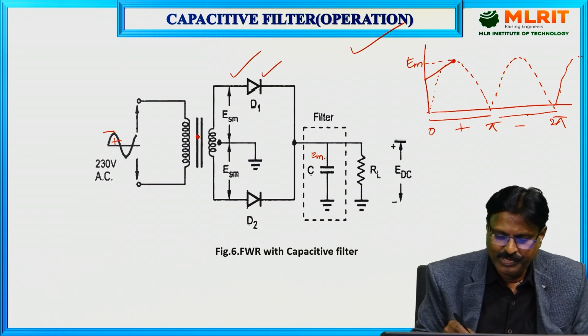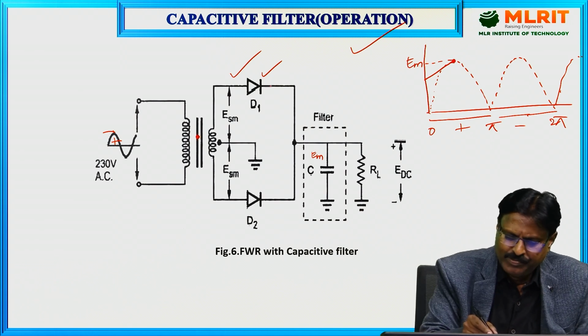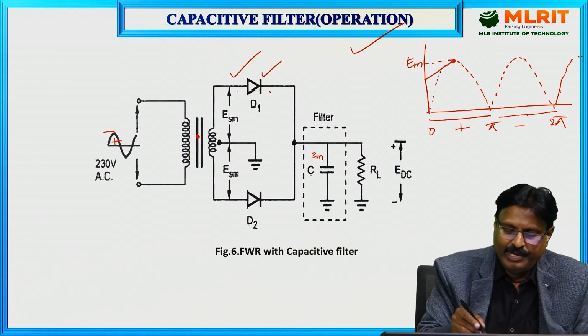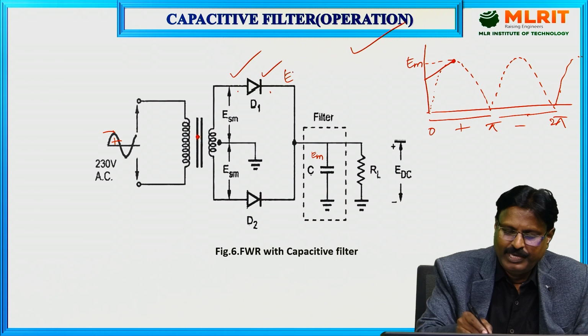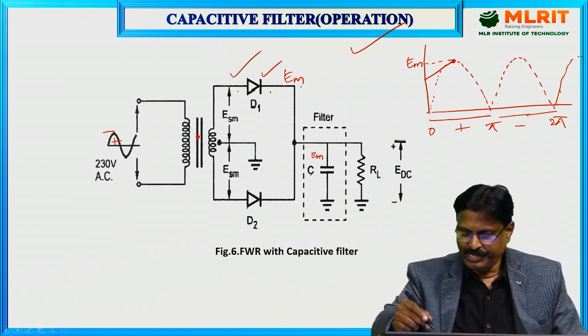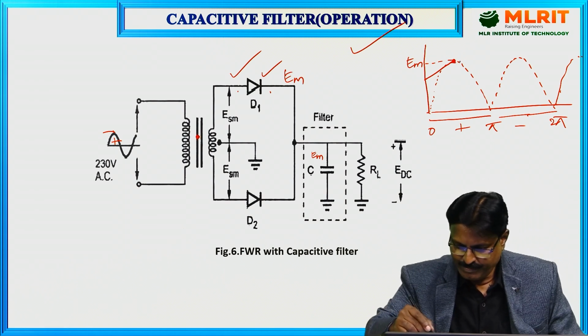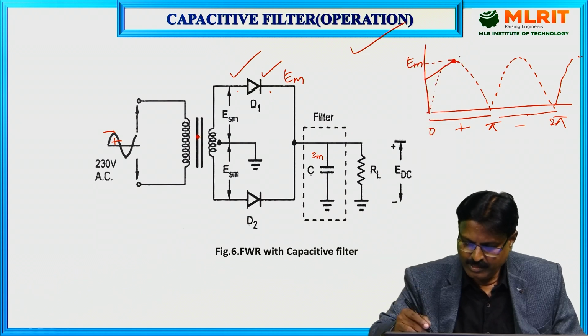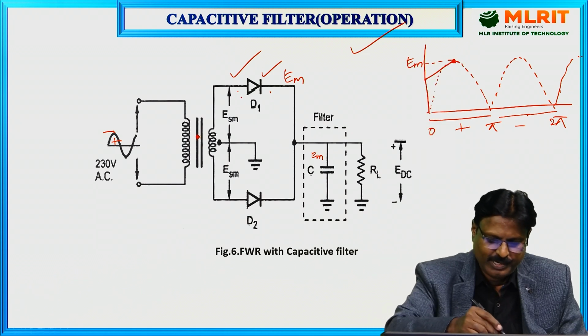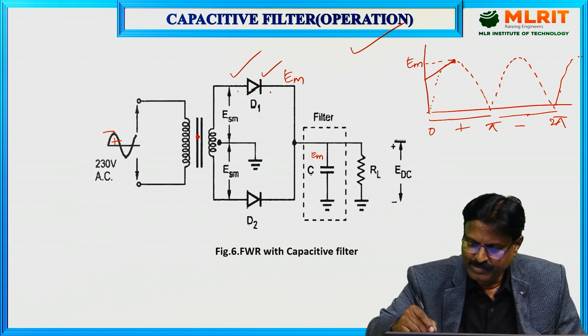So if you observe the cathode voltage, this is the anode and this is the cathode of the diode. If you observe the cathode voltage, it will be equal to EM, right? As you can see here, from here onwards, the input provided to this diode D1 is going on decreasing like this.